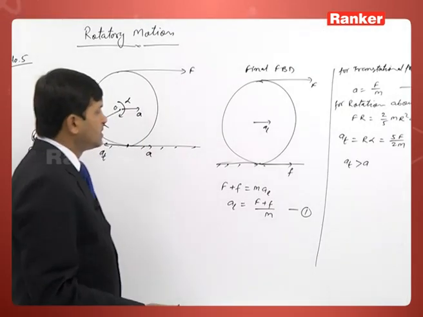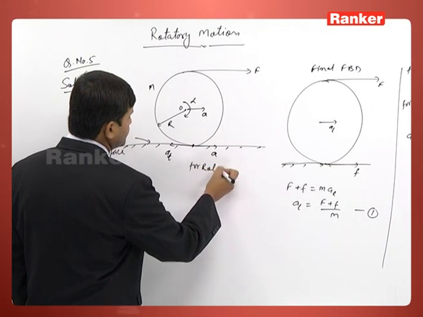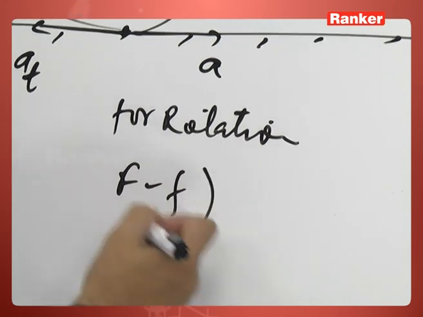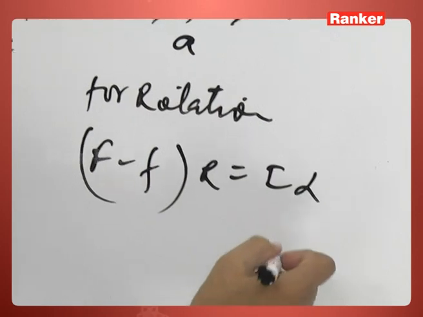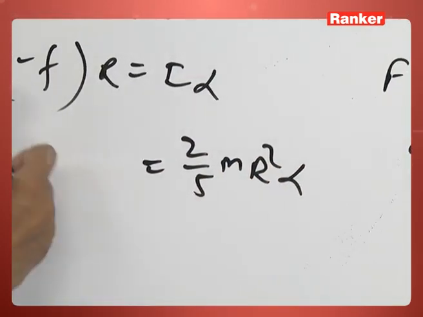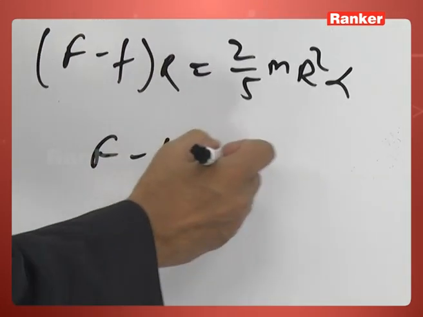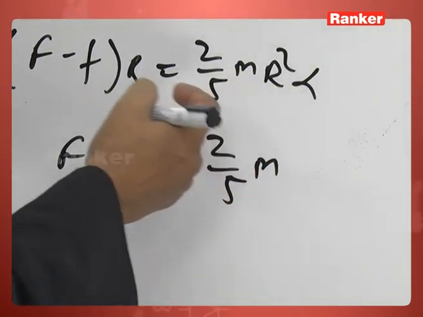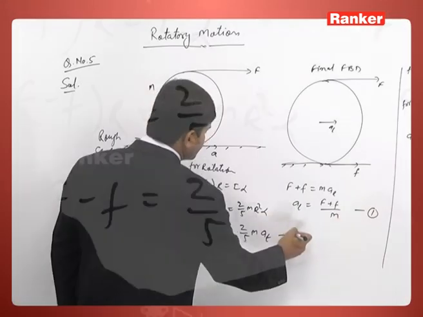First, now rotation. For rotation, (F minus f) into R is I alpha, I here is 2 by 5 mR square, into alpha. So F minus f is equal to 2 by 5 m, R's cancelled, R alpha left, that is A tangential.